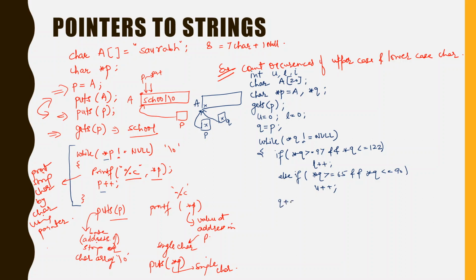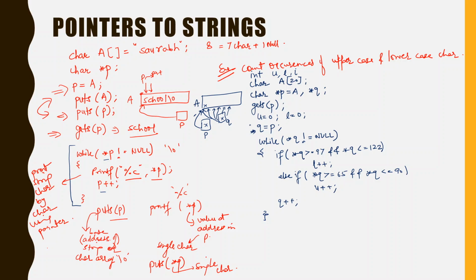And q plus plus. After these both statements, at the end of the loop, we want to do q plus plus to move the pointer variable forward. So q started from here. Now we are incrementing q step by step, for every member of the string, but we are keeping p constant because we have not changed p, and we created a copy of p into q.